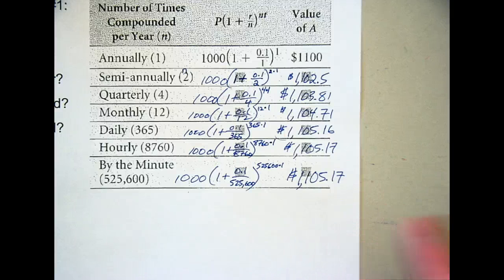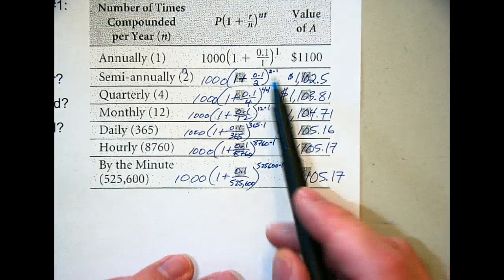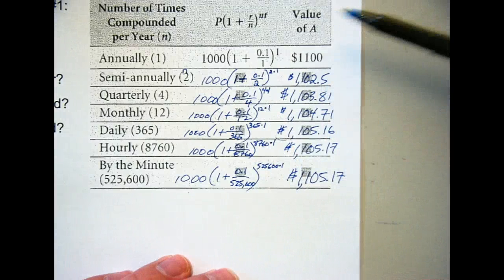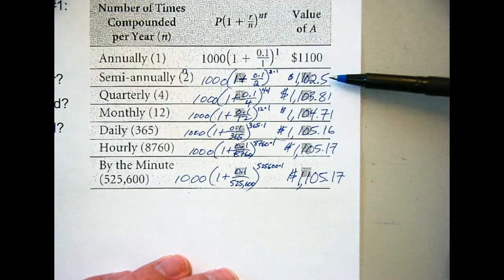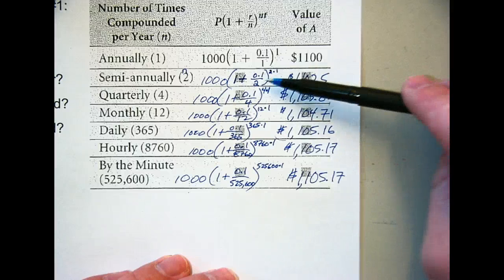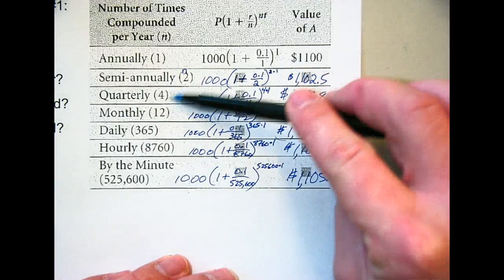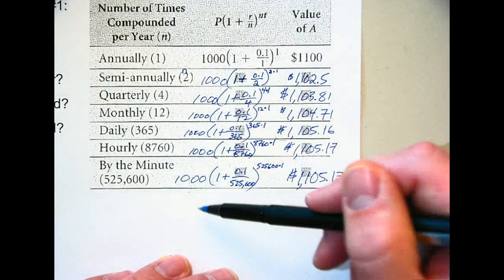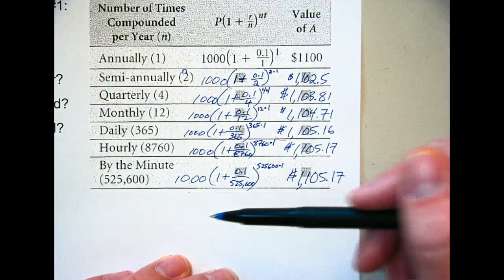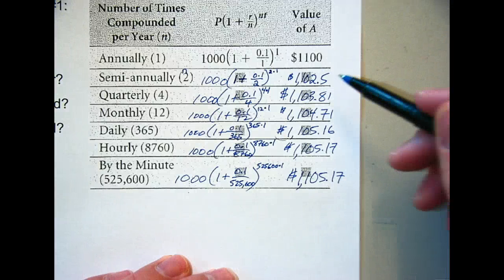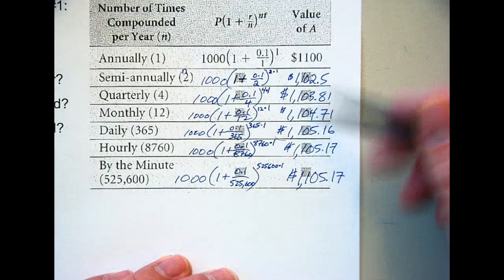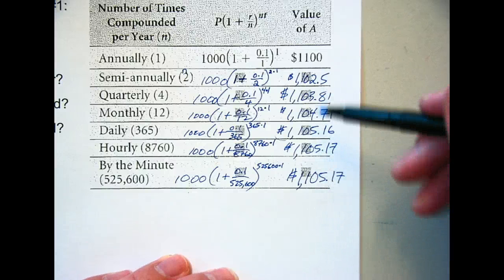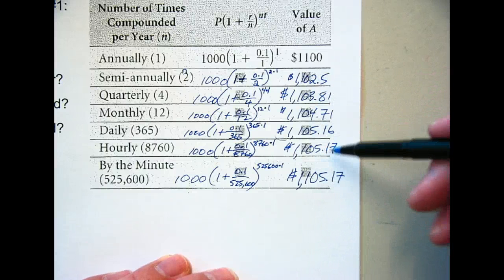So the question is, what happens when n gets greater? As n gets greater, what happens to our value of A? It goes up. It increases. What do you think would happen if our principal changed? Obviously our amount would change, but it'd still eventually level off.